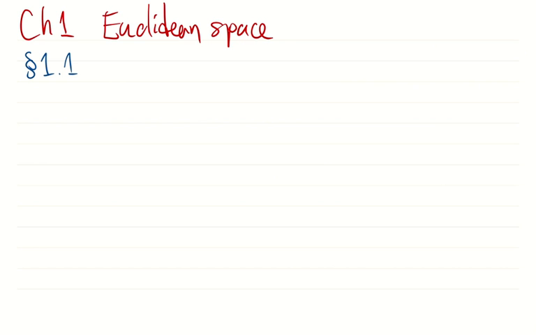So chapter 1, Euclidean space. In the first section of this chapter, we review the linear structure of this space and also the scalar product.